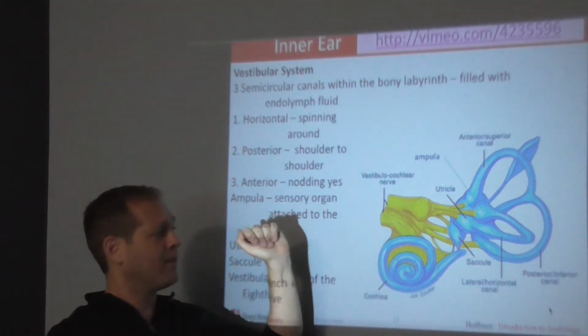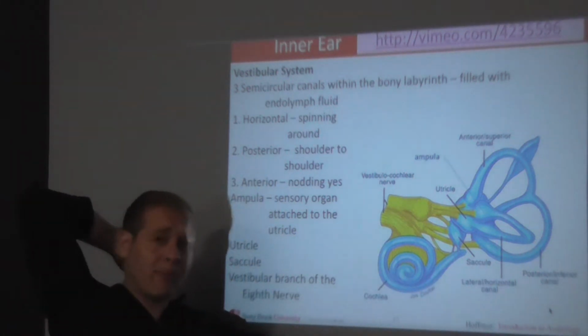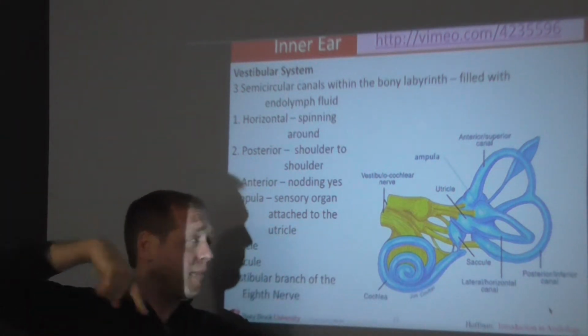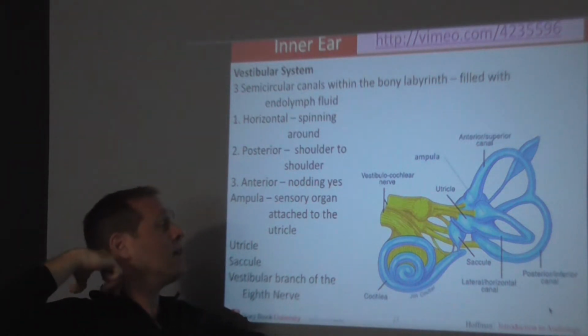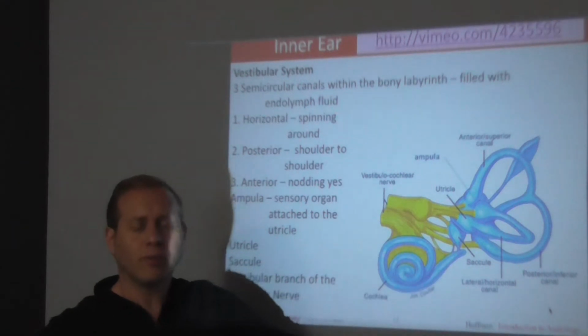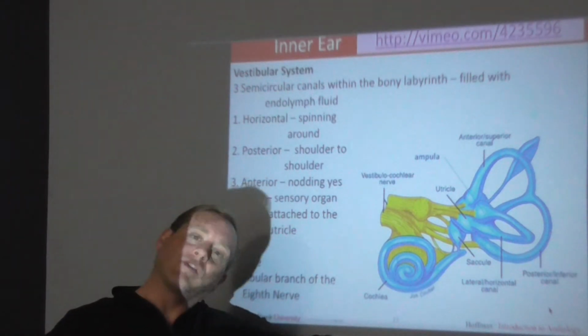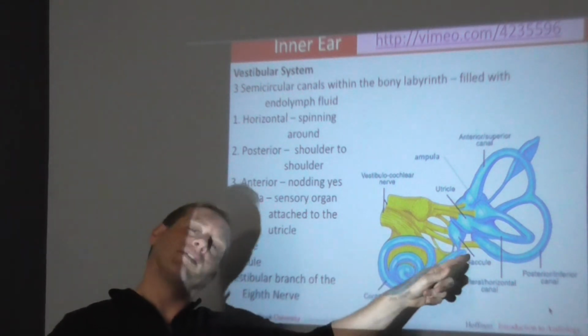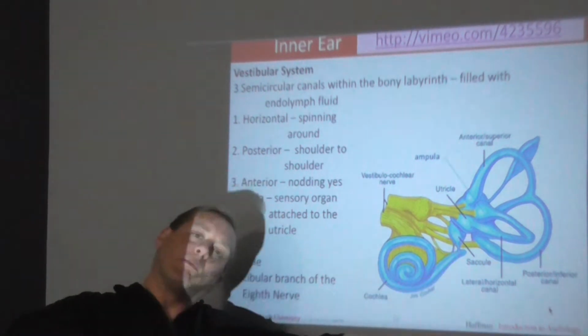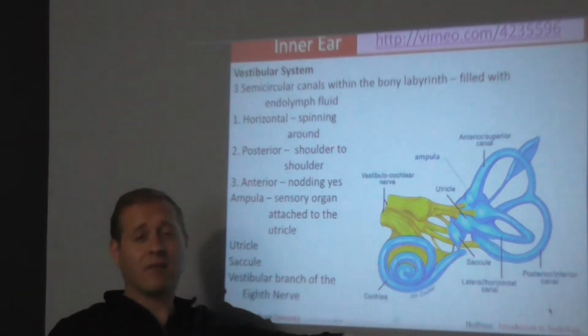Posterior semicircular canal, also known as the inferior one, posterior meaning towards the back, inferior meaning it hooks down below. The posterior semicircular canal gives us information about shoulder to shoulder movement, so when our body is moving this way. So picture the fluid in that posterior semicircular canal moving back and forth as I move my head from shoulder to shoulder.